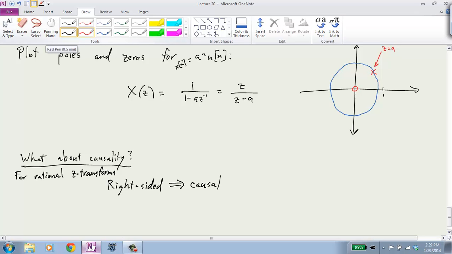If the impulse response of a system is causal, that means that it is 0 for negative values of time. The causal system has a right-sided impulse response, but just because the impulse response is right-sided doesn't mean it has to be causal. It could start at a negative value of time. So what we have here is that right-sided implies causal if and only if the number of zeros is less than or equal to the number of poles.